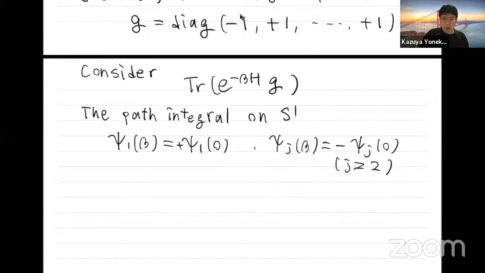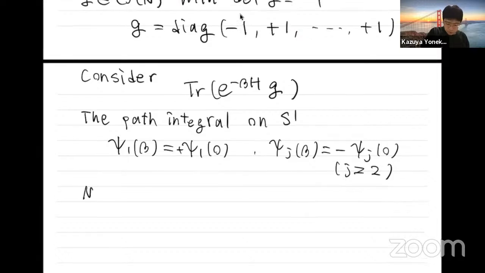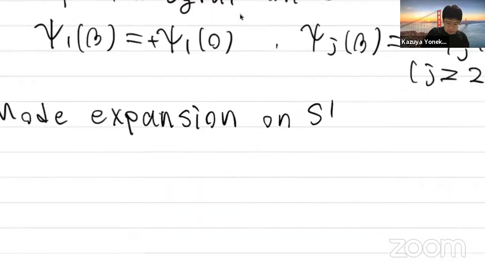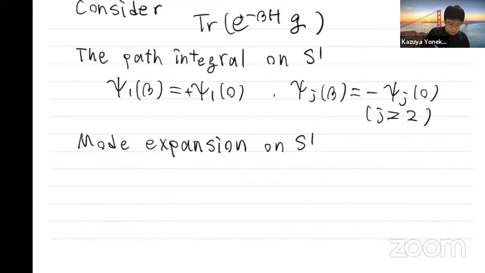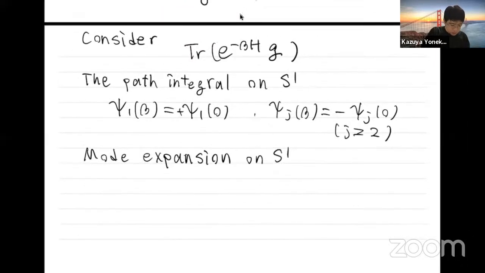So we want to perform the path integral with these boundary conditions. To perform the path integral, first we take mode expansion. So we expand these fields in terms of Fourier modes.